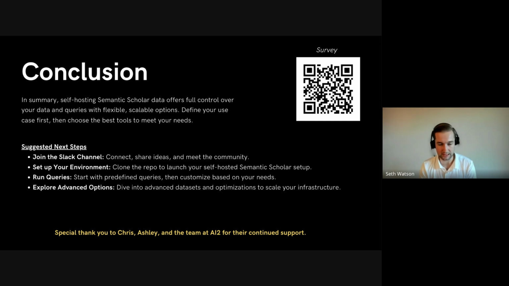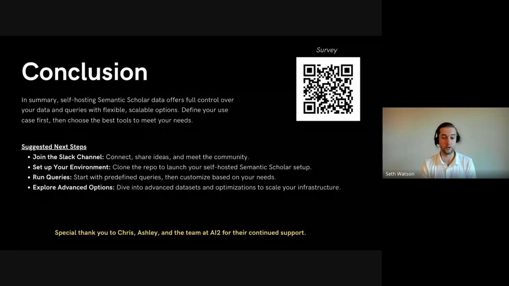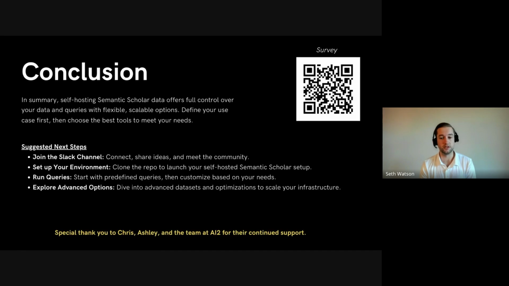A couple suggested next steps: join that Slack channel if you're not in it. Connect, share ideas, meet everyone, introduce yourself, and everyone there is more than happy to help you accomplish whatever you're trying to. Go ahead and move forward with cloning the repo and setting up your self-hosted environment. Ping me if you have any questions about that.